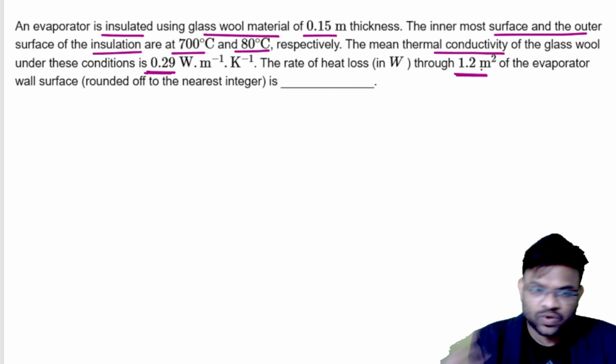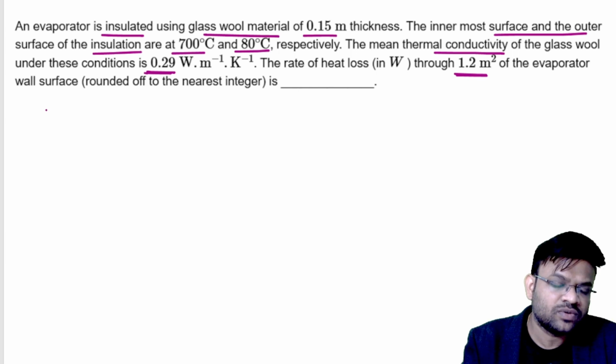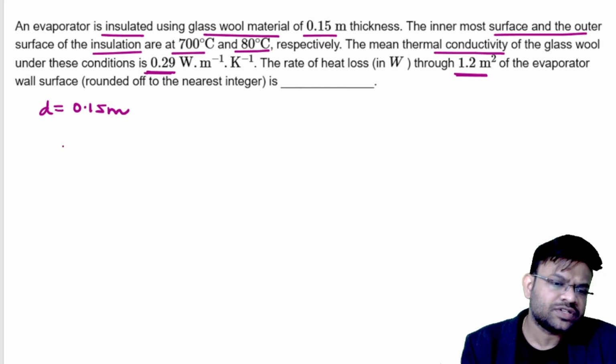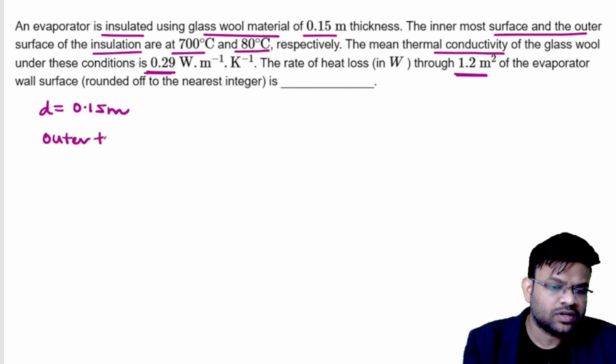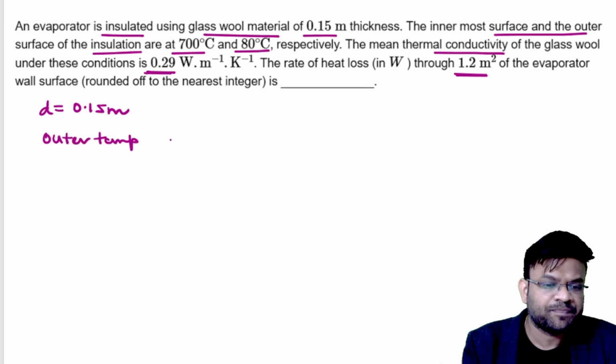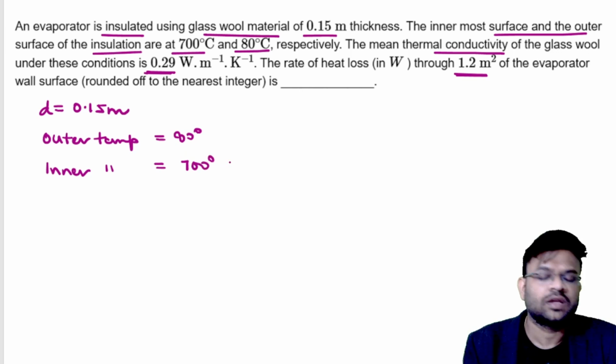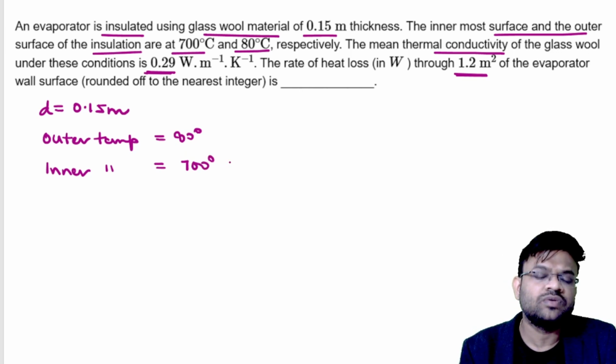Let me quickly write down what is given. So the thickness value D is equal to 0.5 meter. This is the thickness. The outer temperature is equal to 80 degrees, the inner temperature is equal to 700 degrees.